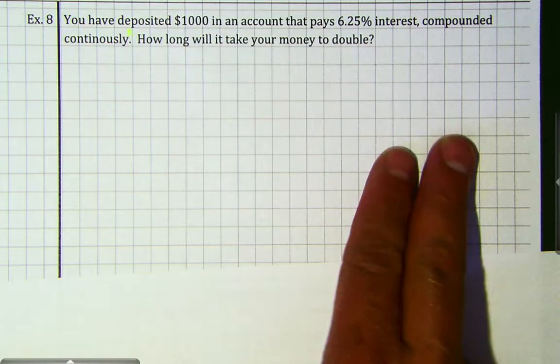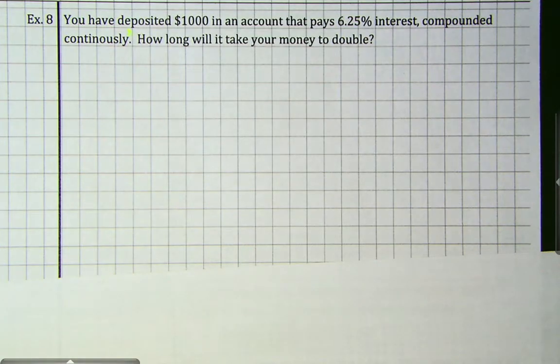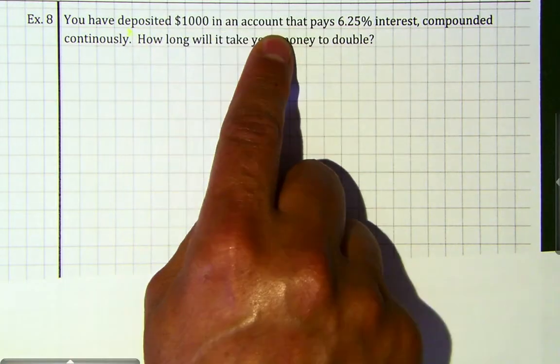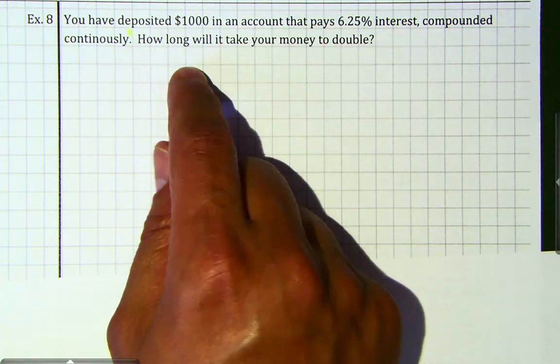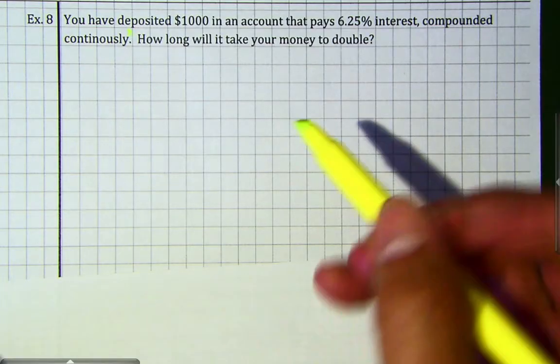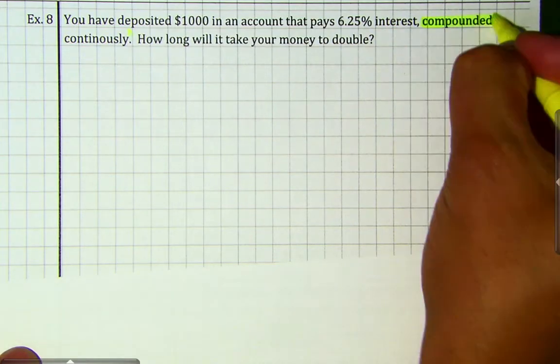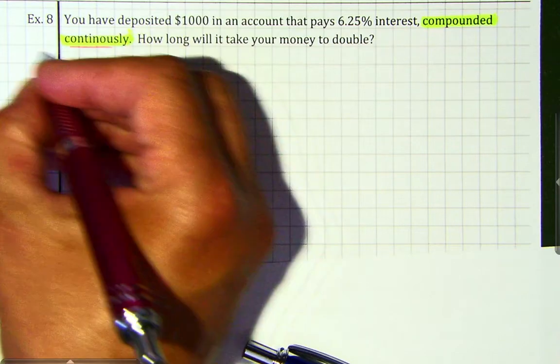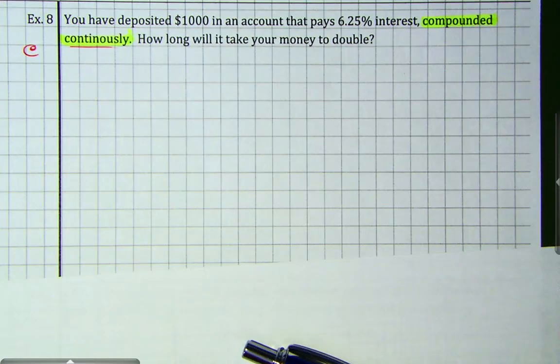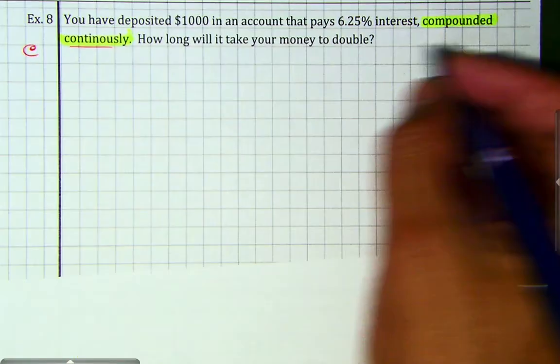Go and pause it. So you have deposited $1,000 in an account that pays 6.25% interest, compounded continuously. So when you see compounded continuously, every time I say the word continuously, I always think of the e, even though there's no e in there. So do you remember your formula?